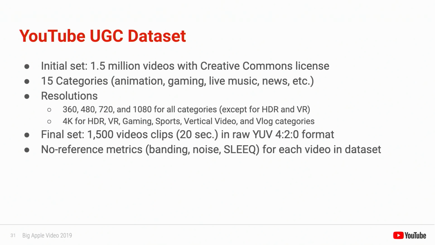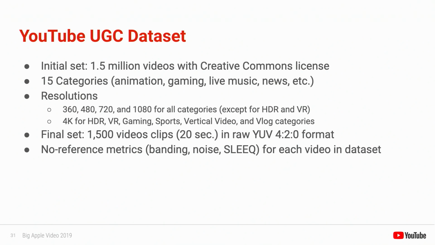We selected 15 of these categories for inclusion in the UGC dataset. Most of the categories are based on the type of content, such as animation, gaming, live music, news, sports, lectures, vlogs, and so on. There are also several categories related to the structure of the video, such as high dynamic range, virtual reality, and vertical video.